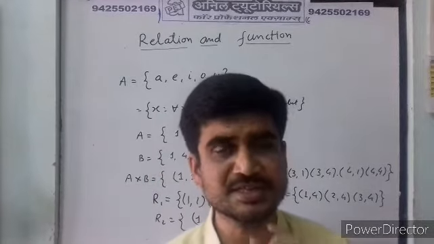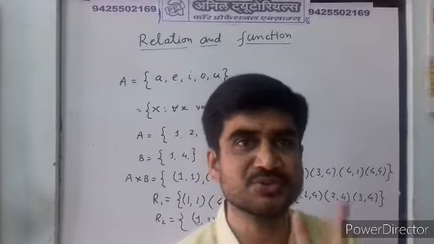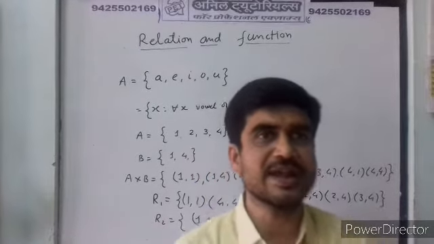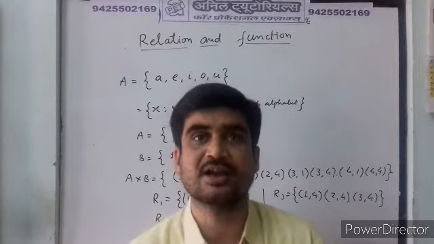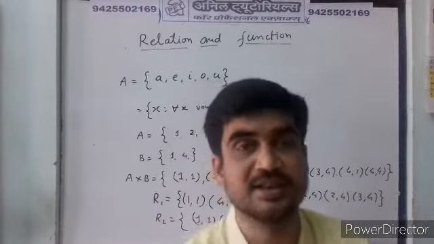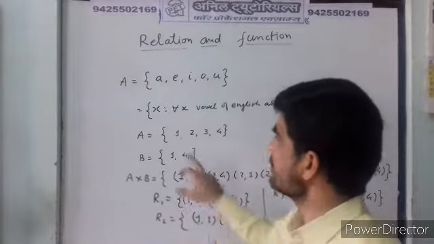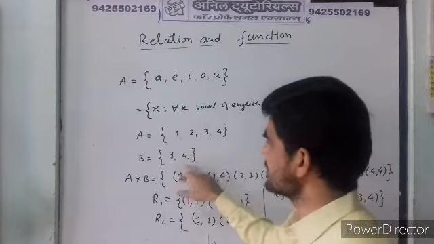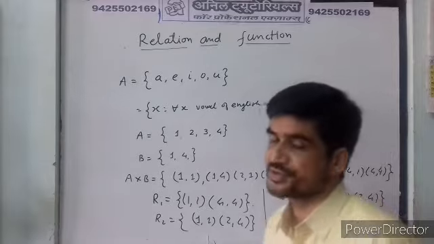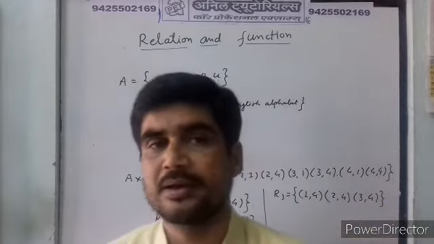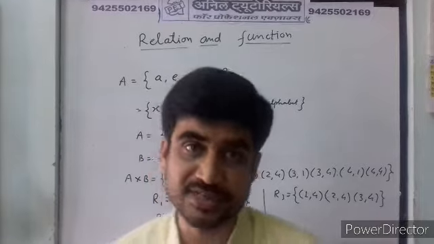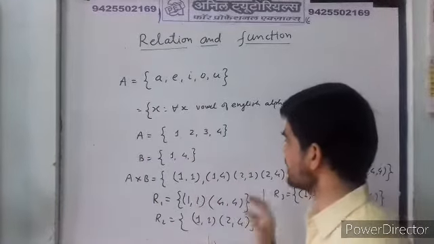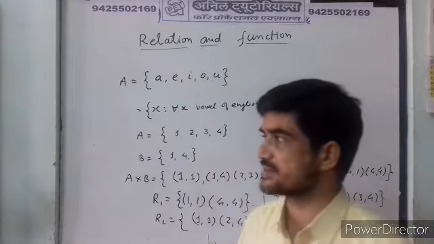So here in this definition you should remember two things. First, a non-empty set A and a non-empty set B, their Cartesian product, and the subset. When you try to find the subsets of this Cartesian product, how many subsets will you get?